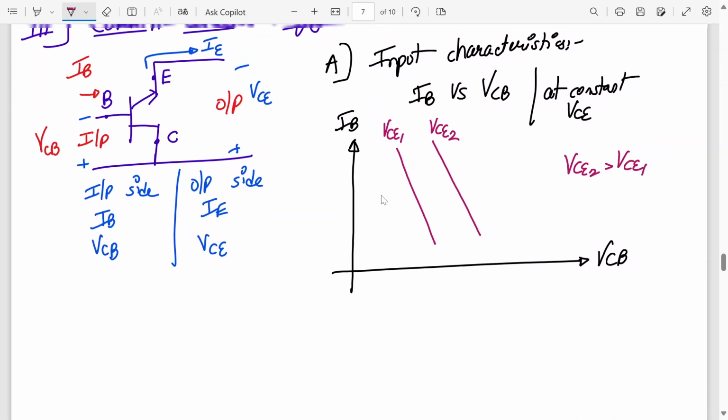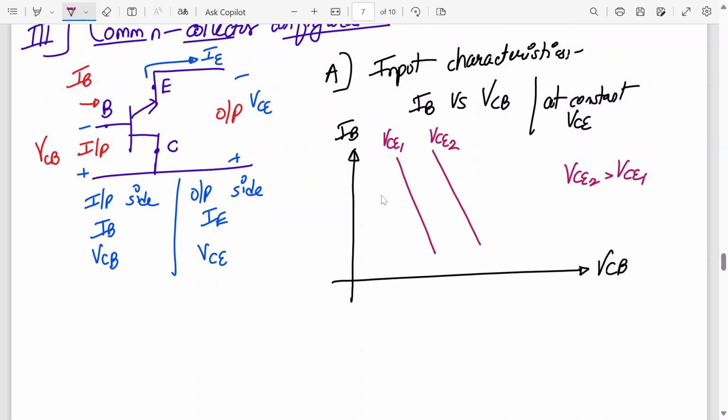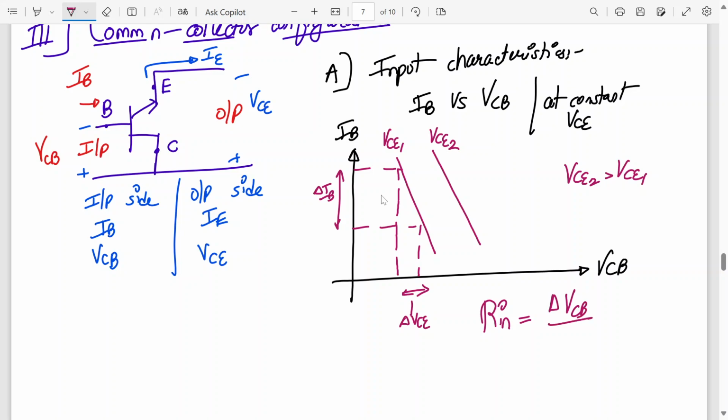From this graph, I can determine the value of Rin. Basically over here, this is delta IB and this is delta VCB. So the input resistance Rin will be delta VCB upon delta IB at constant VCE.